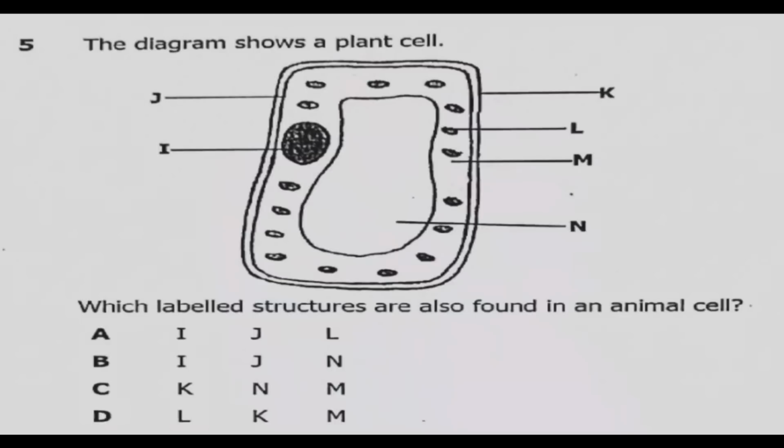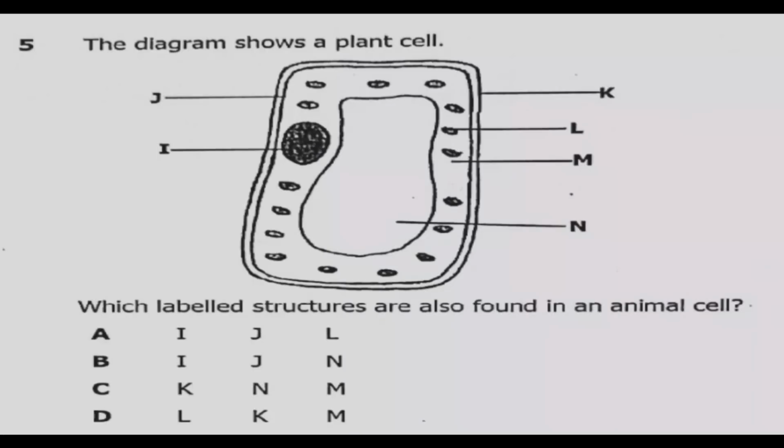the diagram shows a plant cell. That's a diagram, you should pay attention and identify the parts. Then the actual question is, which labeled structures are also found in an animal cell? So the first thing we're going to do is name all the parts of this plant cell.